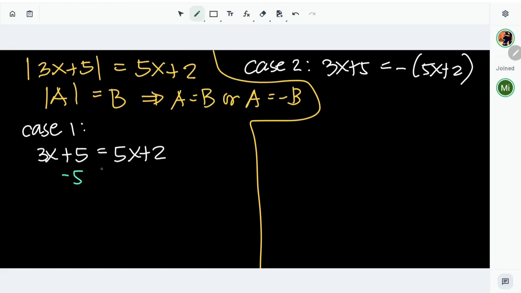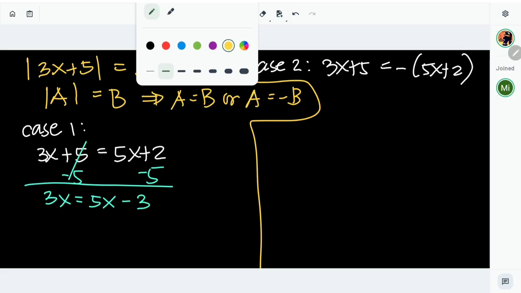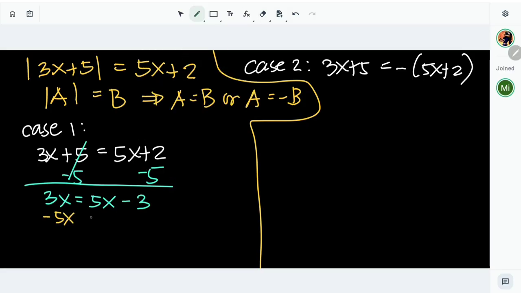So we subtract 5 here. This cancels out. So we're left with 3x equals 5x, 2 minus 5 is negative 3. Then we subtract 5x from both sides. We're left with 3x minus 5x is negative 2x equals negative 3.